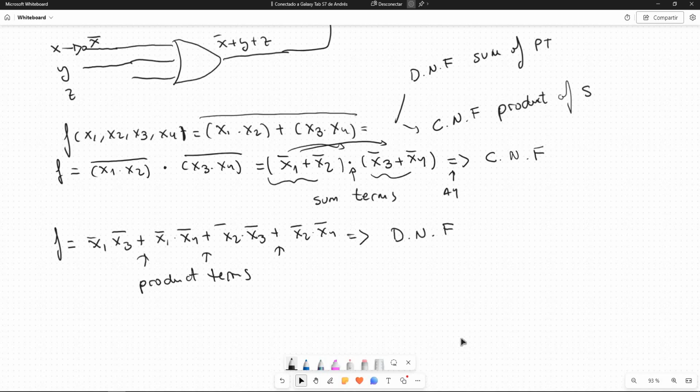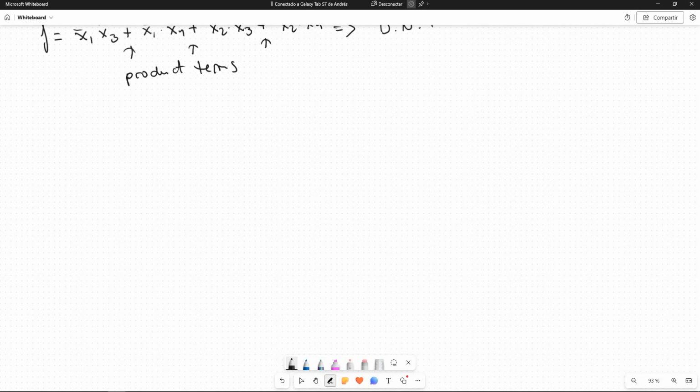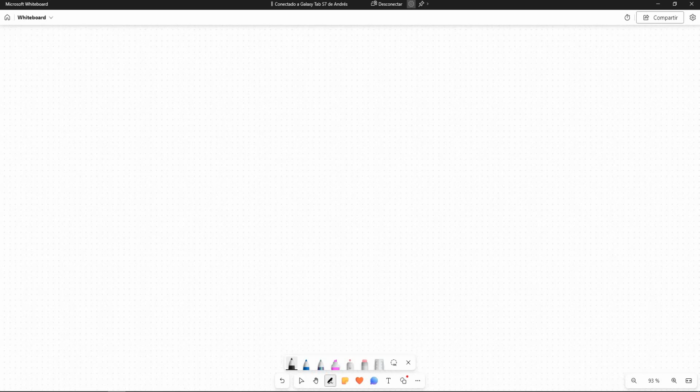So now, to finish the topic, we are going to do two quick exercises. The first one is this. Exercise 1. We have this function, which has 4 variables, a, b, c, d.